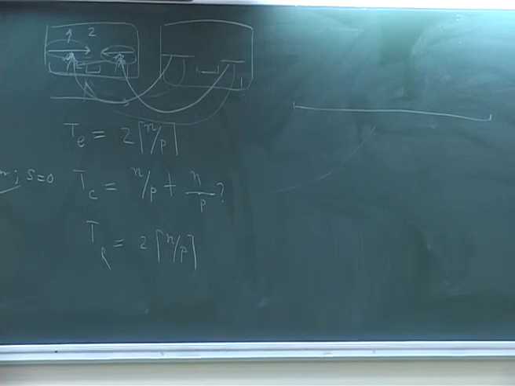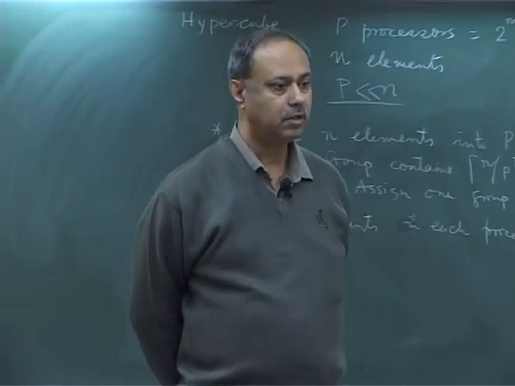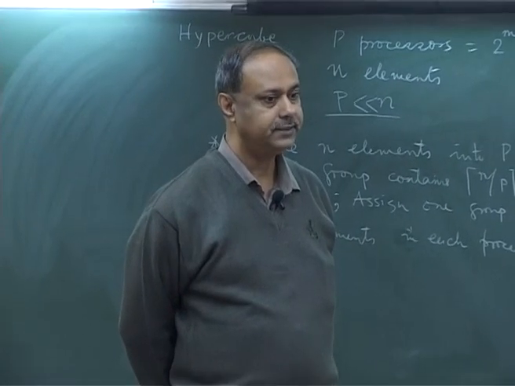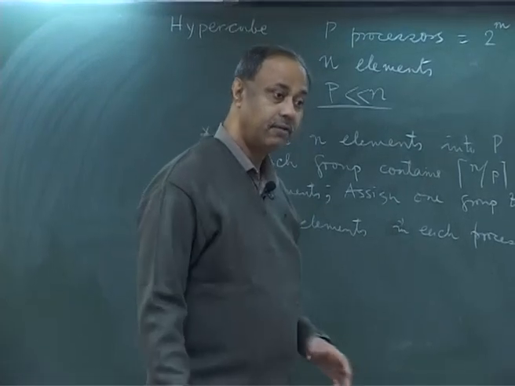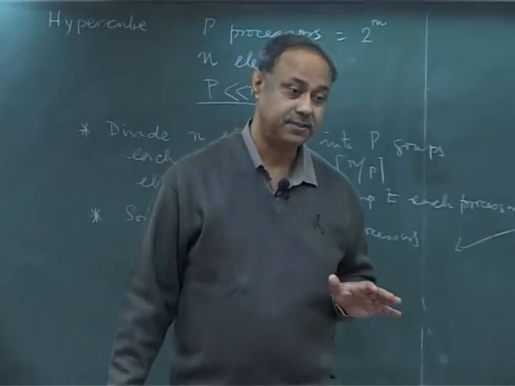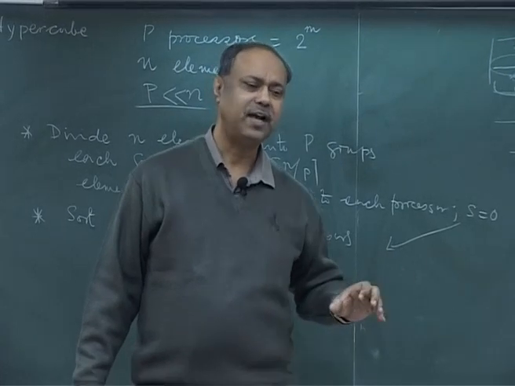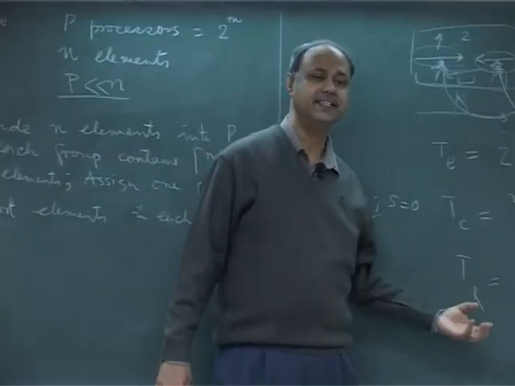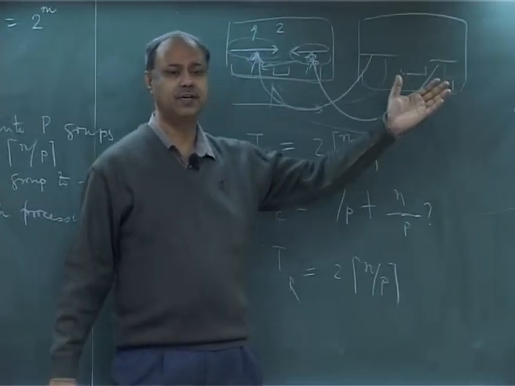So, can you think about this problem, how to sort n elements using P processors? Now, I am silent about the bitonic. I am not saying bitonic, because I am increasing the complexity like anything. Why should I use increasing order, decreasing order?